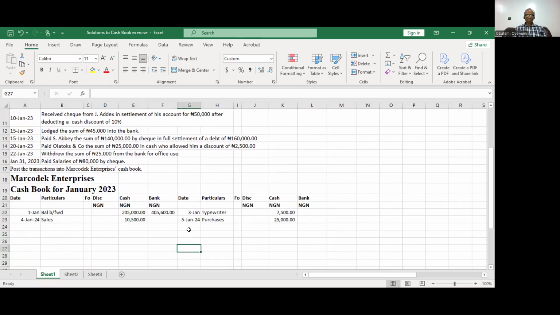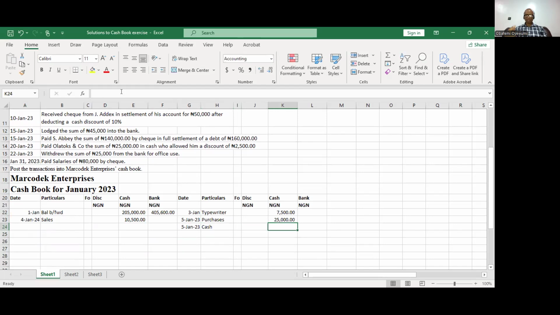So we come back here on the same day, 5th of January, 2023. We're supposed to use 2023, not 2024, so let me change this to 2023. Okay, purchases. This time around, cash was debited into the bank.